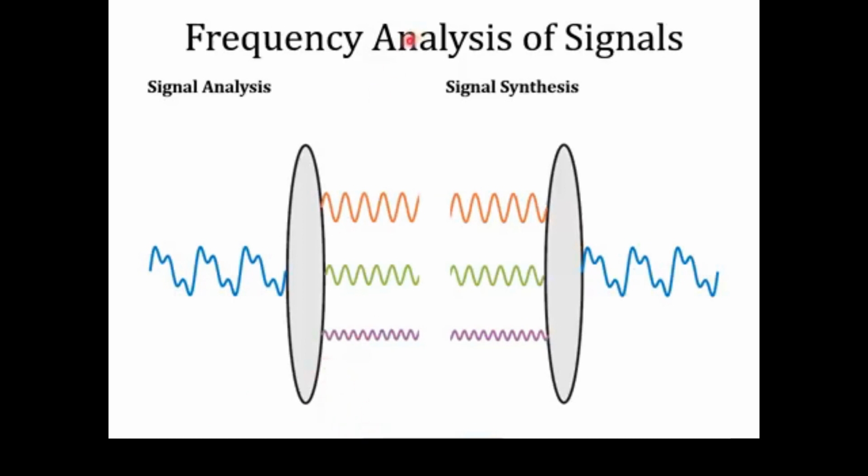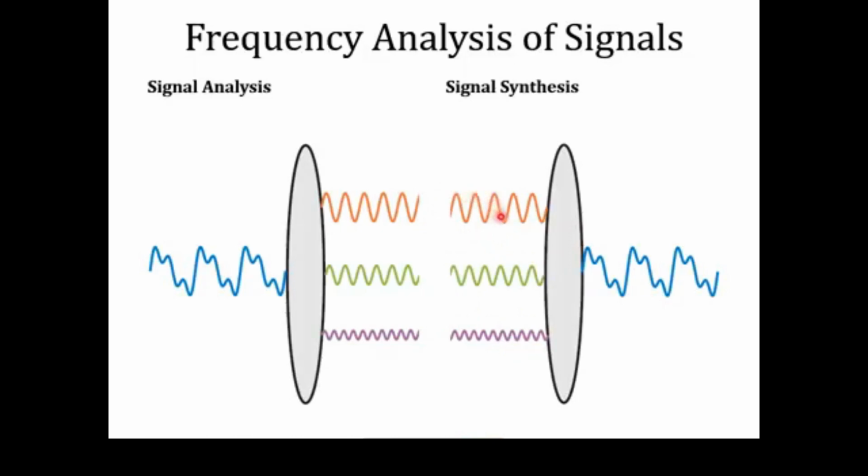Now, signal synthesis is totally opposite to signal analysis. If these sinusoidal components are given to us and we are asked to find the resultant signal after combining them, then we can apply inverse Fourier on these sinusoidal components.